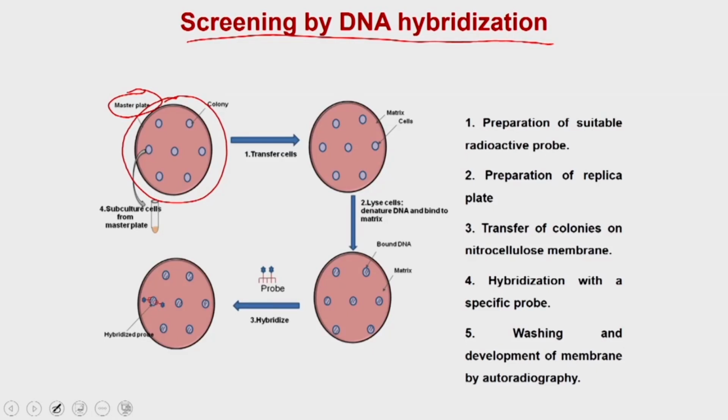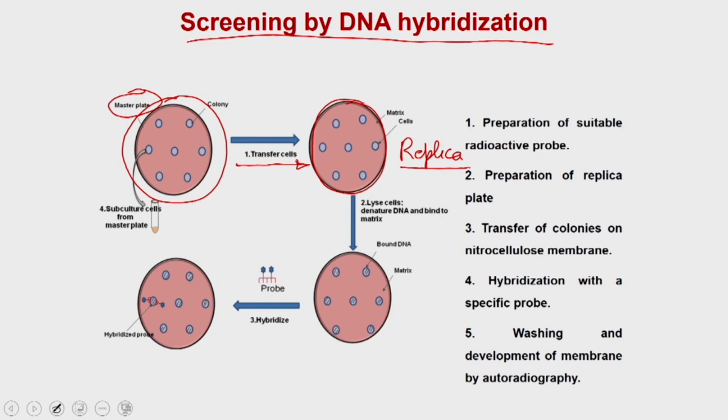Then you take the membrane and transfer some of these cells from the master plate to another plate, and this plate is called the replica plate, which means it is going to be a replica of the arrangement of colonies on the membrane.